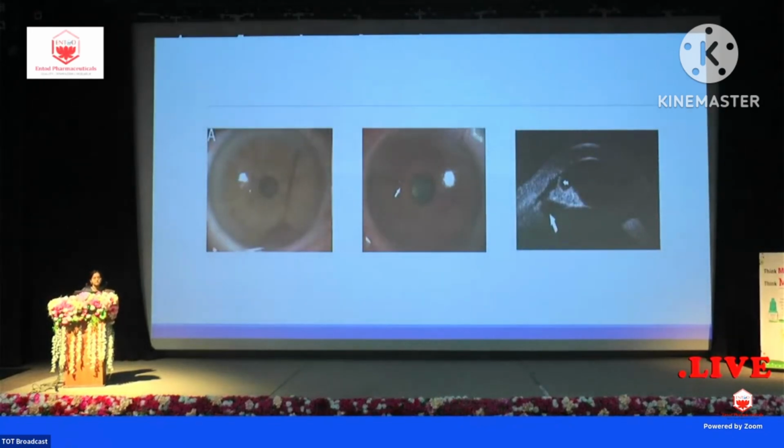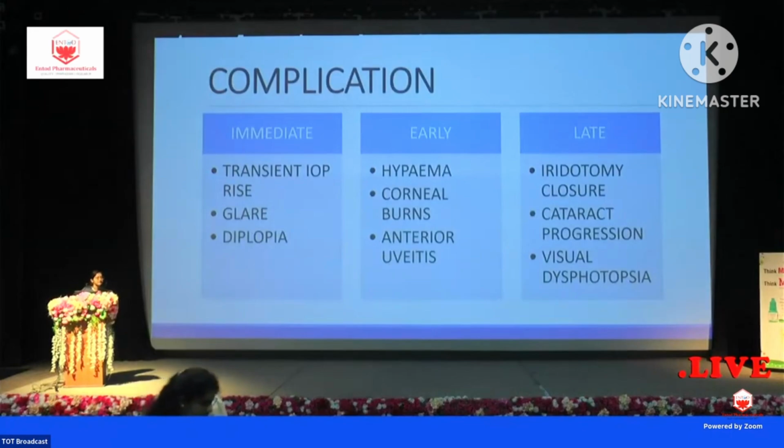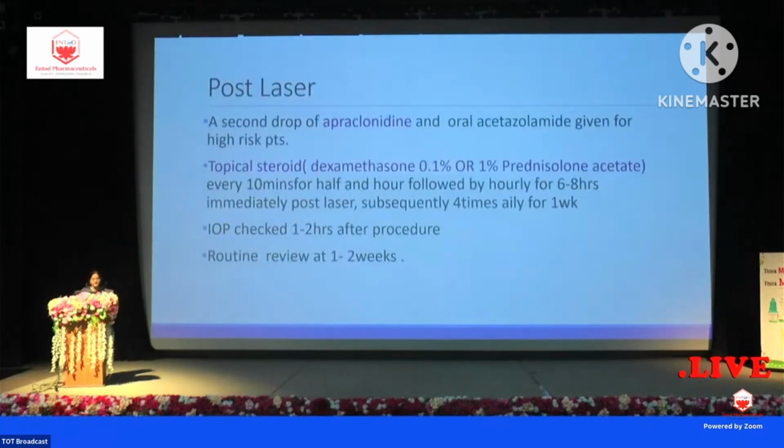Now, these are the complications we can see post-laser: hyphema, corneal burns, transient rise of IOP, glare, and diplopia. In late stages we may also see iridotomy site closure and cataract progression. So post-laser, we give apraclonidine to reduce IOP and topical steroid to reduce inflammation. IOP should be checked regularly and routine follow-up done.